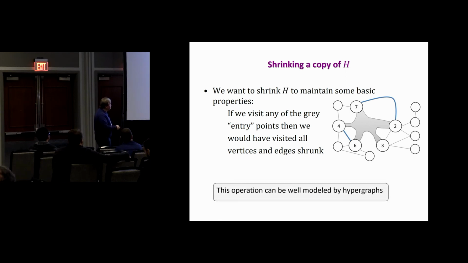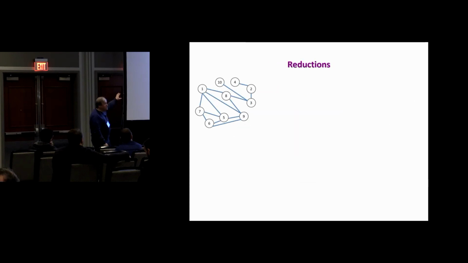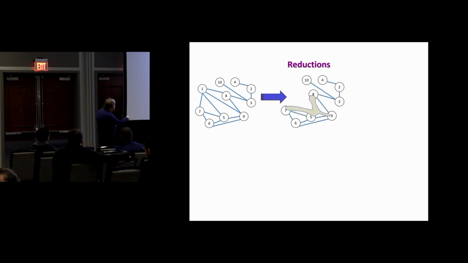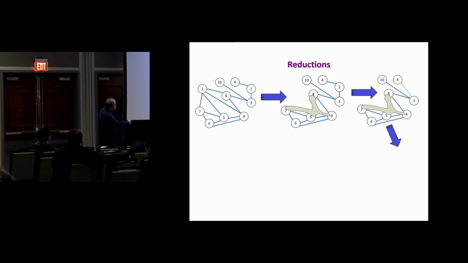Once I have this, I will try to model this using hypergraphs. So this is a sequence of reductions for my copy of H, and you should think that my original graph I already reduced somehow, and I have lots of copies of H, and I have to find one such copy. So I'm doing this reduction as before: I contract this piece, this piece, and this piece, and these are hyperedges.